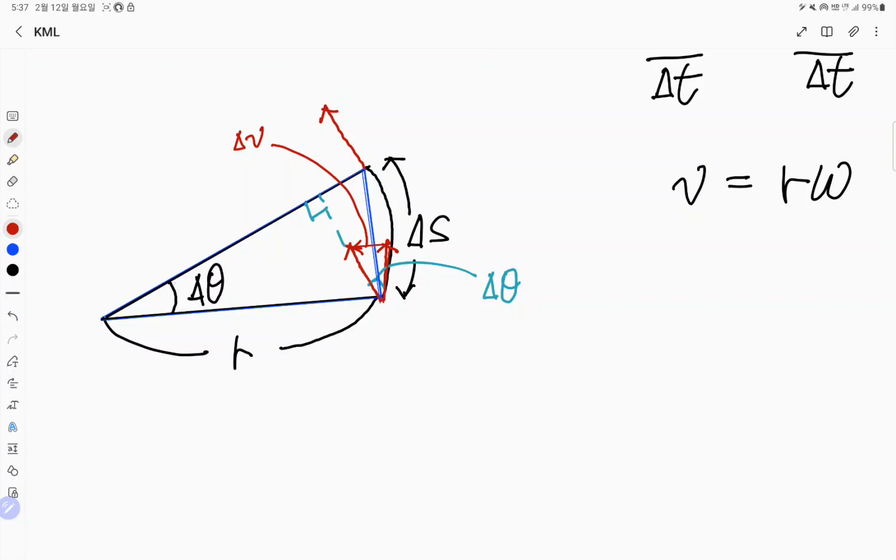And when delta theta is small, the arc length is close to the linear distance between the two positions.